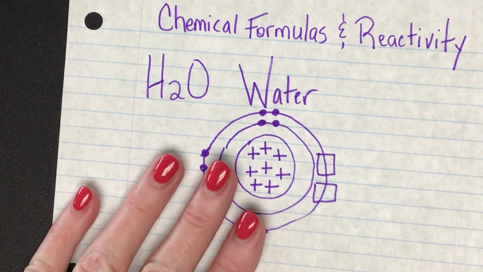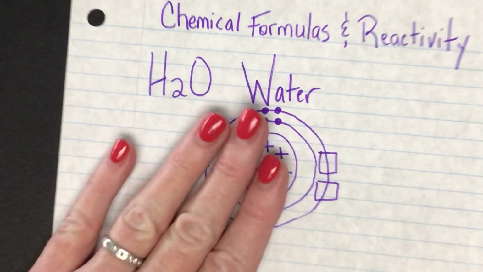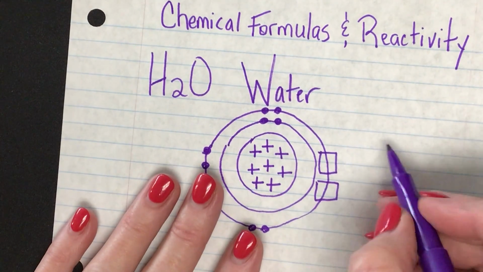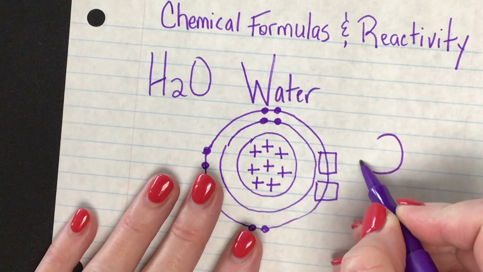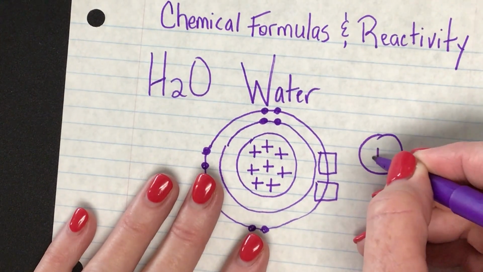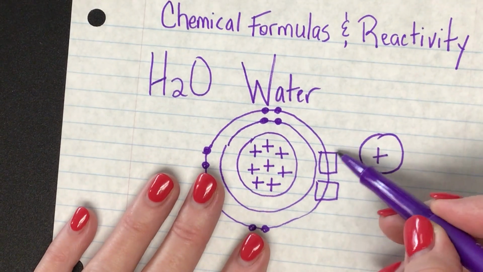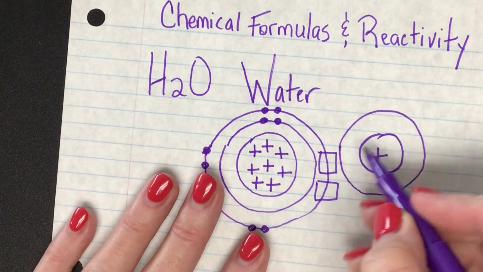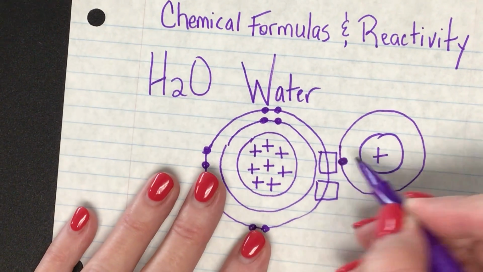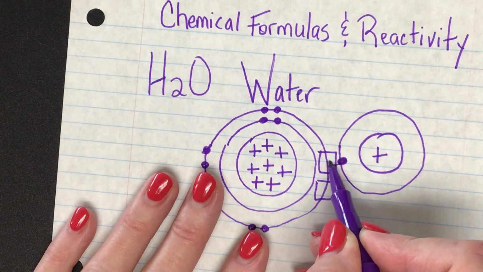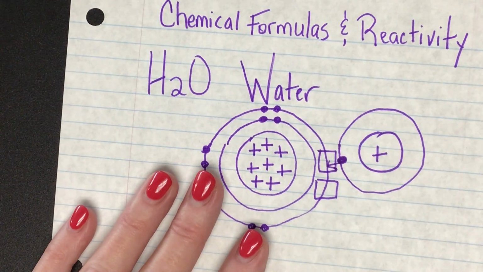In nature, oxygen does become perfect by bonding with hydrogen. So we're going to take a hydrogen atom. How many protons does hydrogen have? 1. And it's going to need 1 electron. Do you see what happens here? This squeezes in to fill that space.